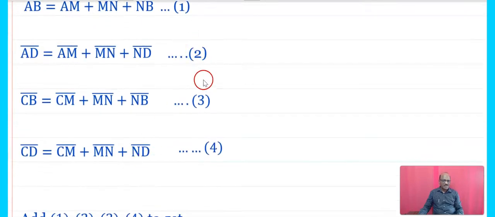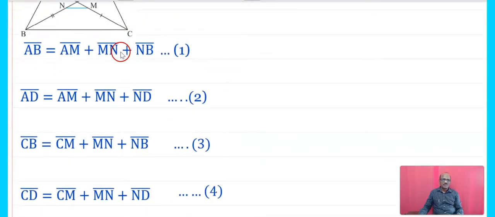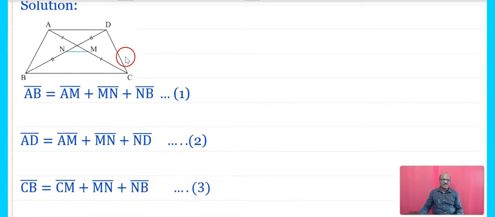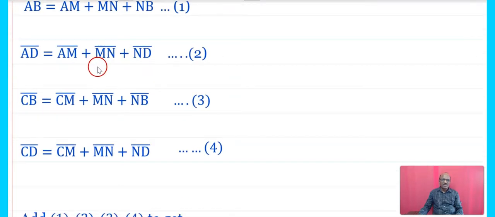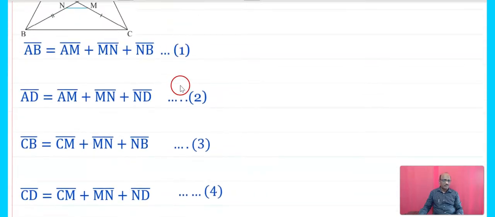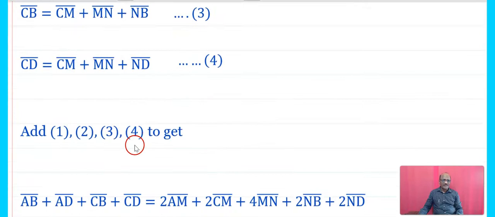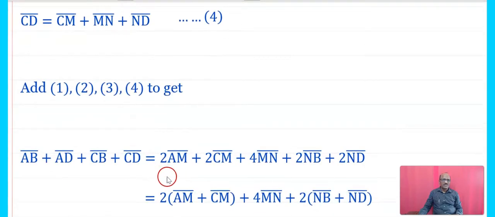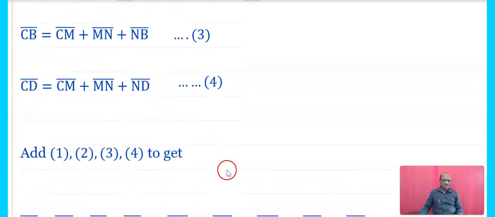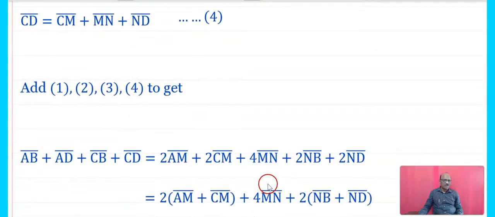And CD bar is equal to CM bar plus MN bar plus ND bar. These are the 4 expressions, and if we add them, we get AB bar plus AD bar plus CB bar plus CD bar, that is 2 times AM bar plus 2 times CM bar plus 4 times MN bar plus 2 times NB bar plus 2 times ND bar.